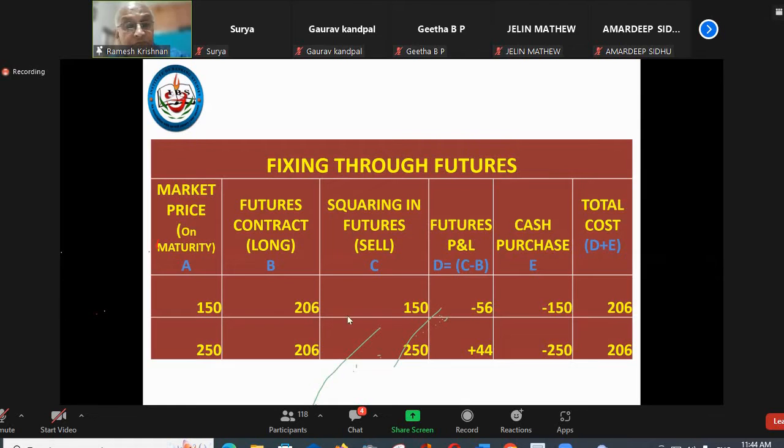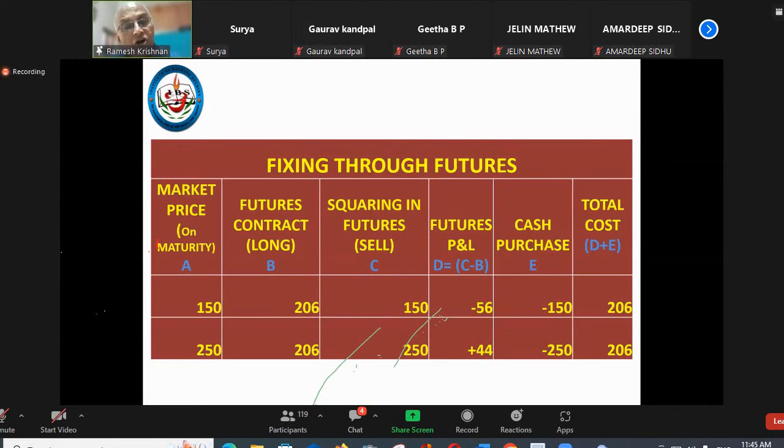The other way, if the price had risen to 250, then what happens? Futures, you bought at 206, squared in the futures exchange at 250, your P&L gets credited 44, and you bought cement in the spot market at 250 and completed your construction. So your effective cost becomes 250 minus 44, again 206.